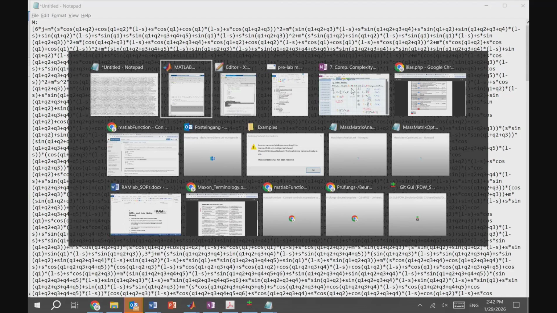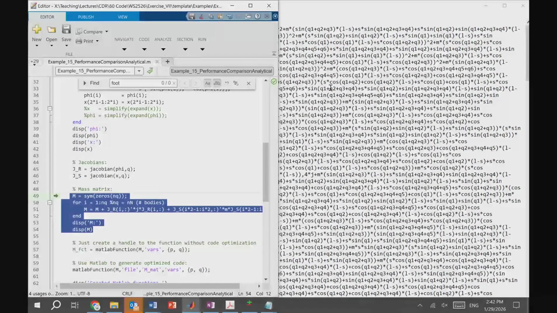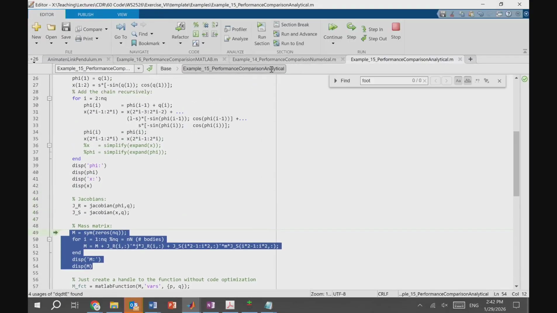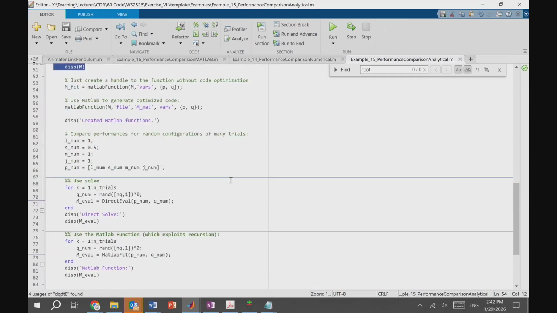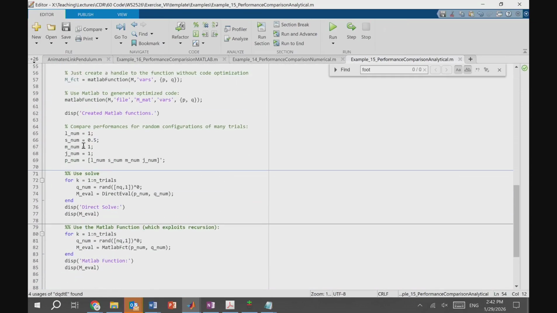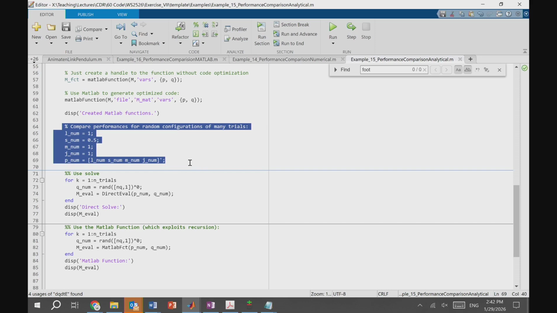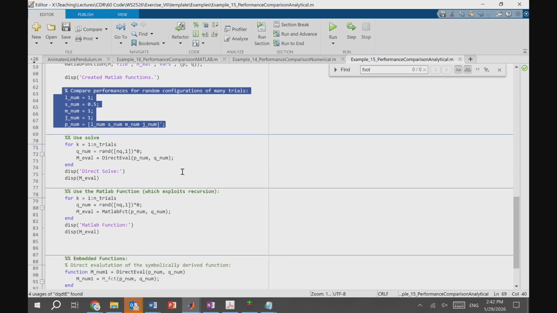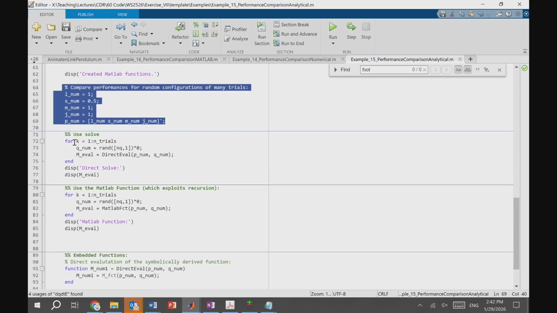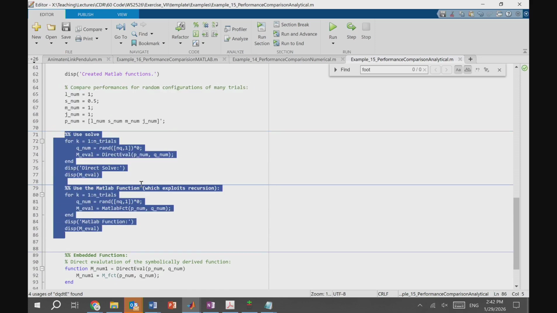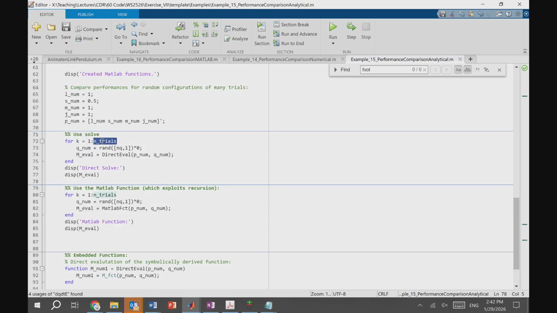Let's see how quick it is. What I did here is I actually don't compare this to a numerical evaluation. But I define some parameters now as numbers, and I evaluate this now 100,000 times. And I have two different ways of doing it. One is called a direct evaluation, and one is called a MATLAB function.